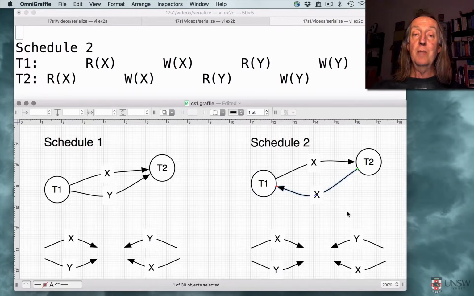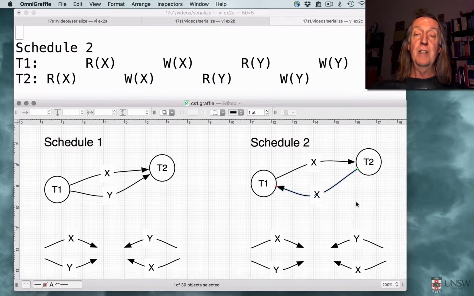Straight away we can see that there's a cycle in this graph. So this schedule here can't possibly be equivalent to any sequential execution of T1 and T2.